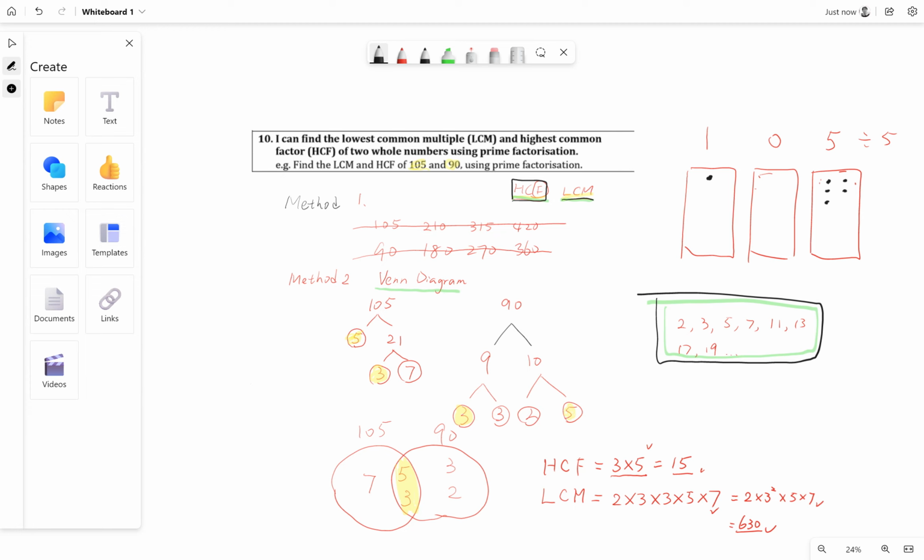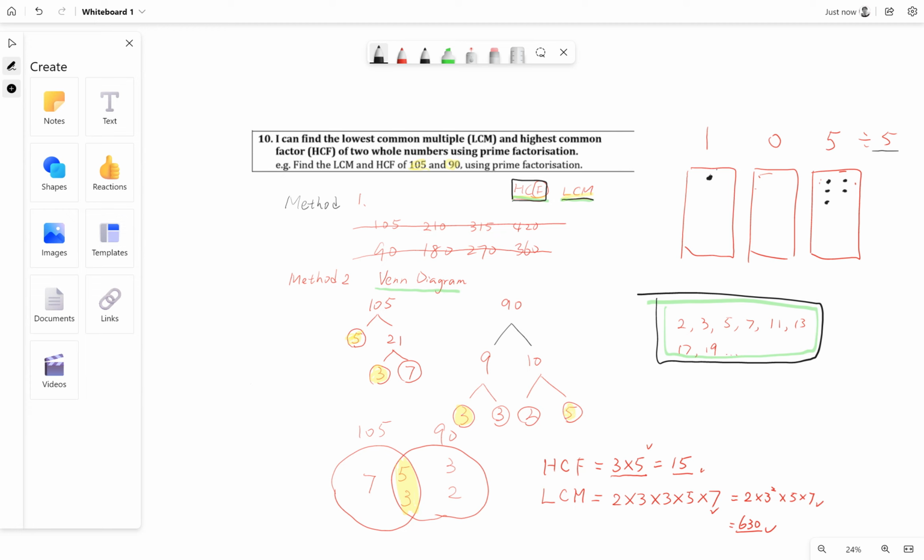If you are not sure why it is 21, I'm going to give you a quick reminder. We have 105 and we want to divide by 5, so we want to separate it into 5 groups.